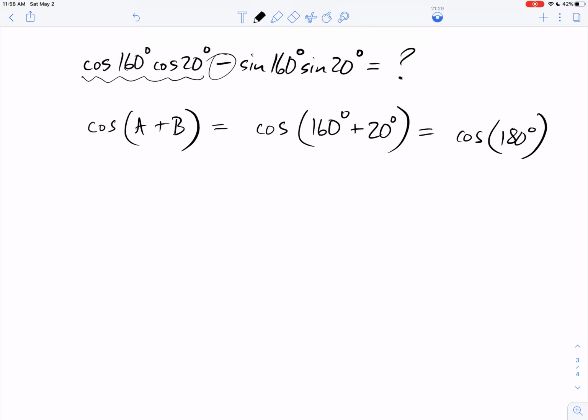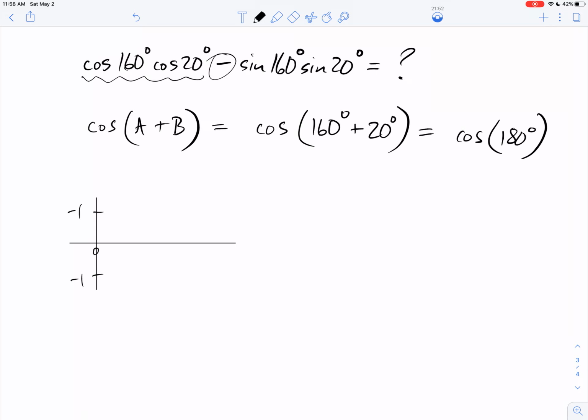Sometimes to answer a question, you need exact values. Sometimes to get those exact values, we draw reference triangles. But let's go back in time here. We don't need a reference triangle for a 180-degree angle because we couldn't draw one if we wanted to. But I do know this about my parent functions.